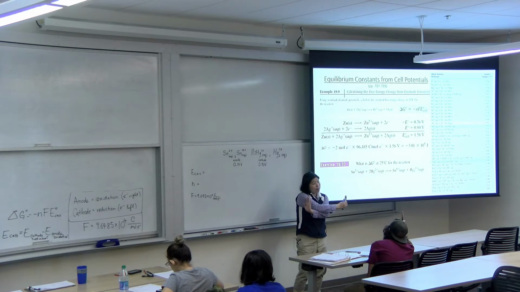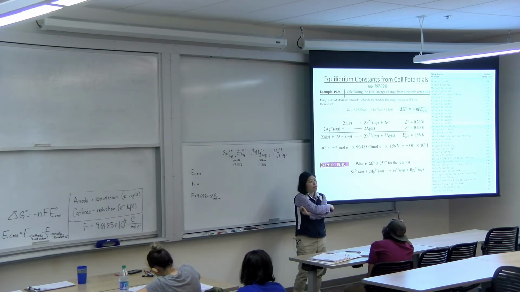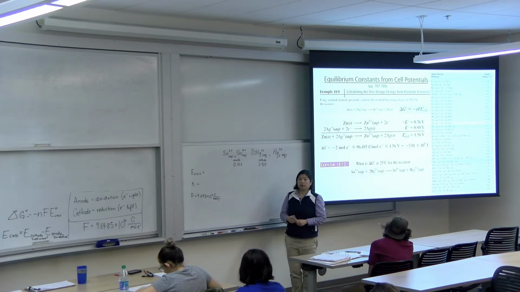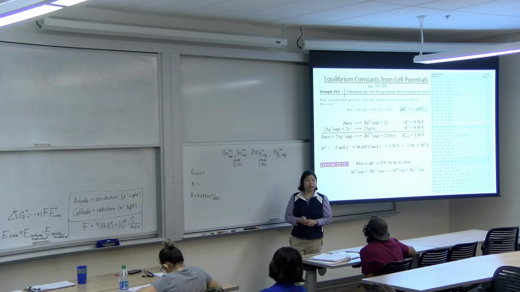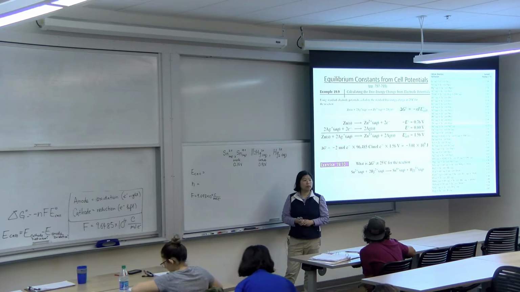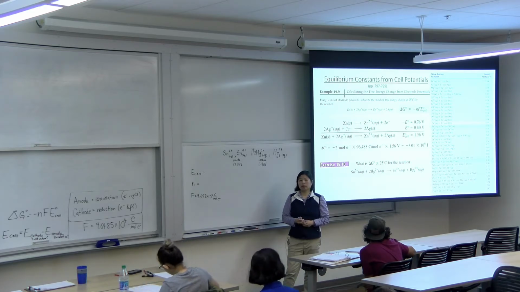Does that make sense? Or do I need to go over Hess's law again? I can do that. Okay. Is everyone with me, or is anyone confused? It's okay if you are. Mercedes, are you with me? Yes. Okay.